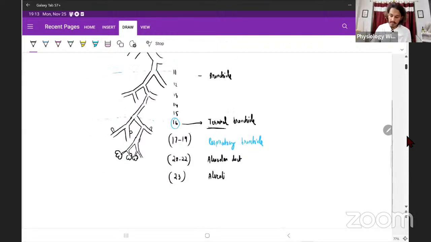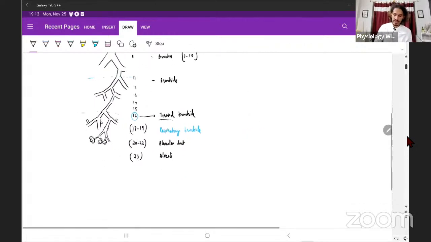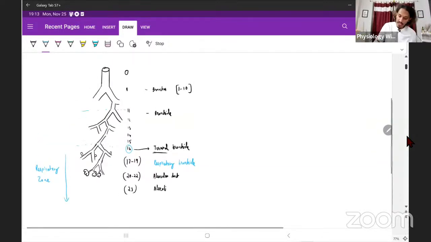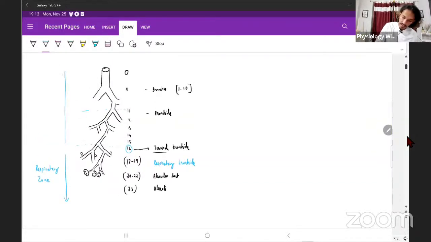From the point where respiratory bronchiole starts, this is what we call the respiratory zone. And everything above that is called the conductive zone. So remember that question: differentiate between conductive zone and respiratory zone.